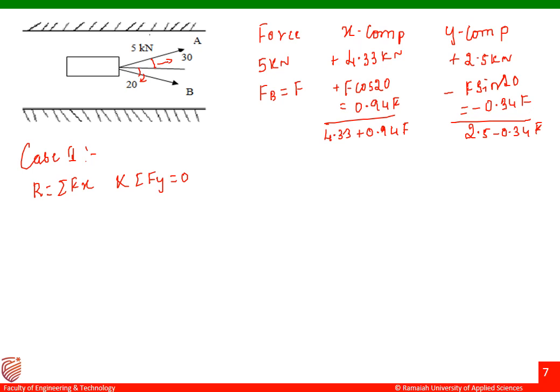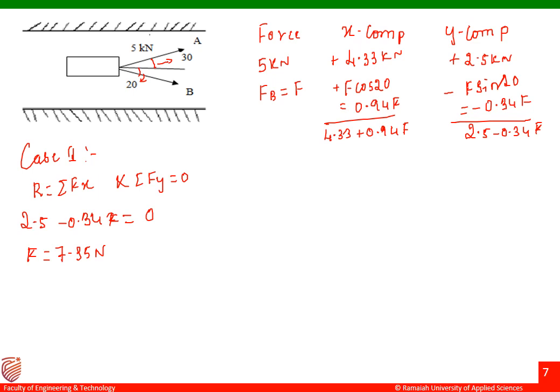So we apply summation Fy equal to 0: 2.5 minus 0.34 F equals 0. So F is 2.5 divided by 0.34, which is 7.35 kilonewton. This is my force in rope B if it wants to move in the x direction.